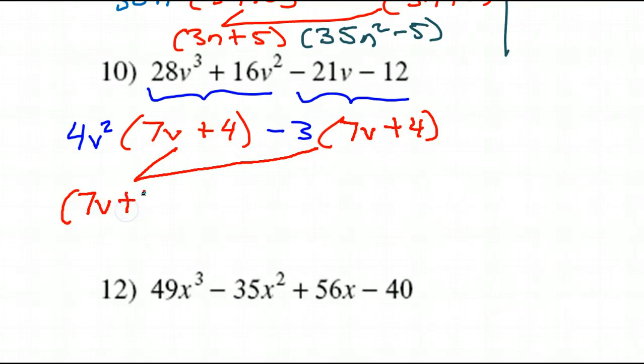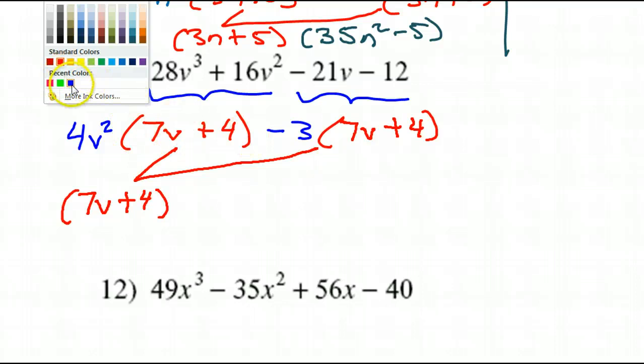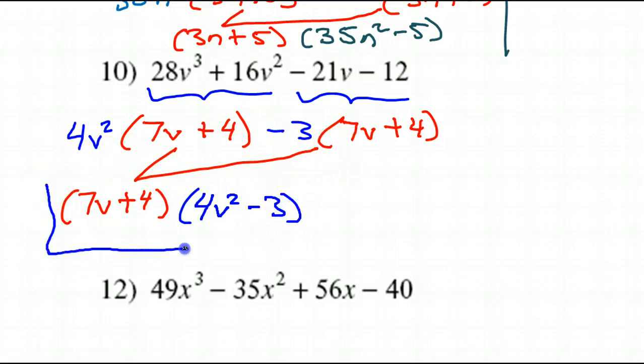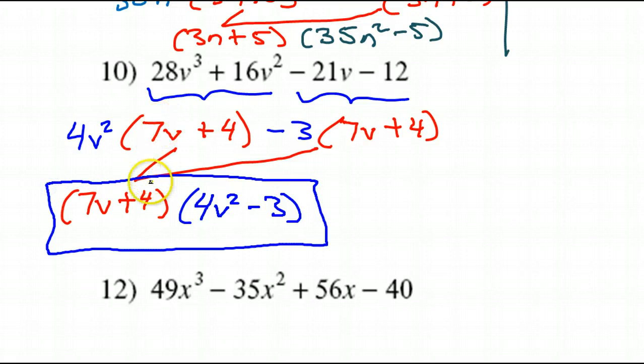So 7v plus 4 goes out front. Now if I take these away, what's left behind? 4v squared minus 3. Okay, that was number 10.